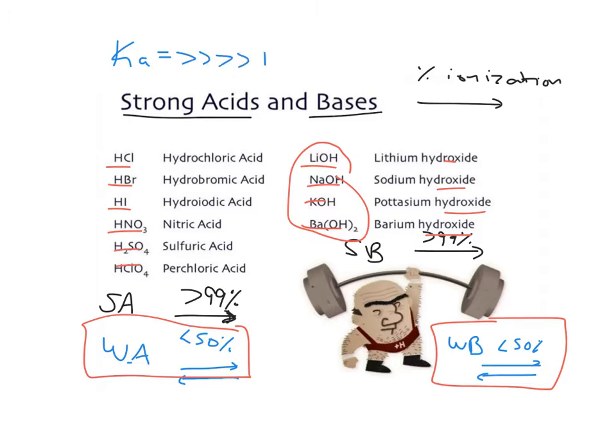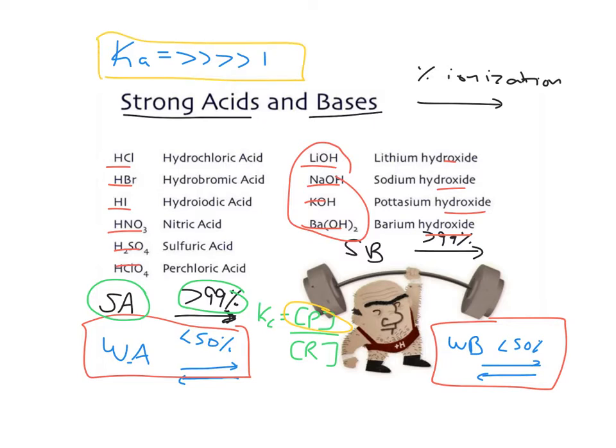Remember, the equilibrium constant Kc is my concentration of products over my concentration of reactants. So in a strong acid that ionizes more than 99%, we have a lot of products. So in our chart, the strong acids are anything with very, very large Kas. For some, we don't even really measure them because there's not much of a point.